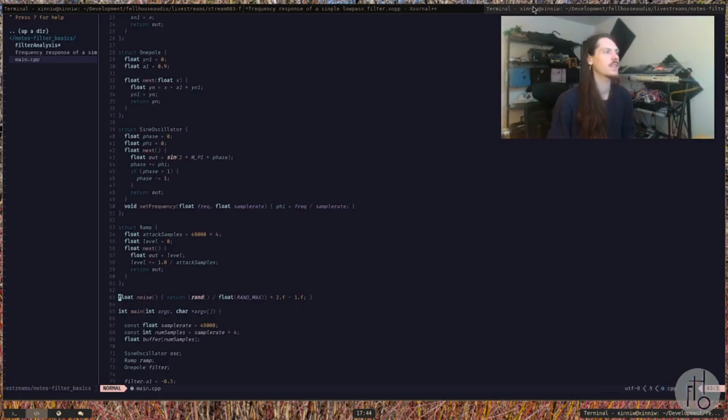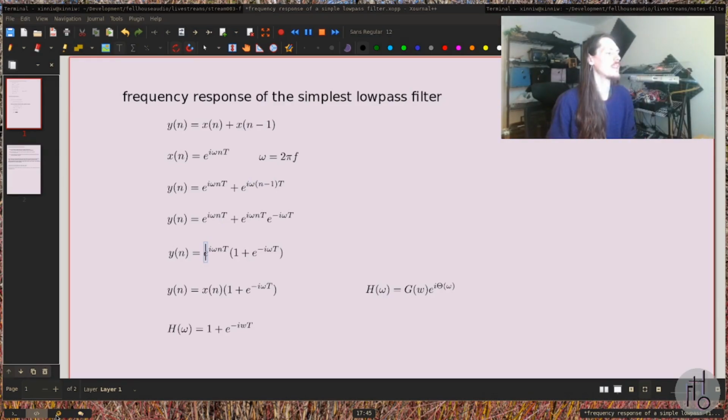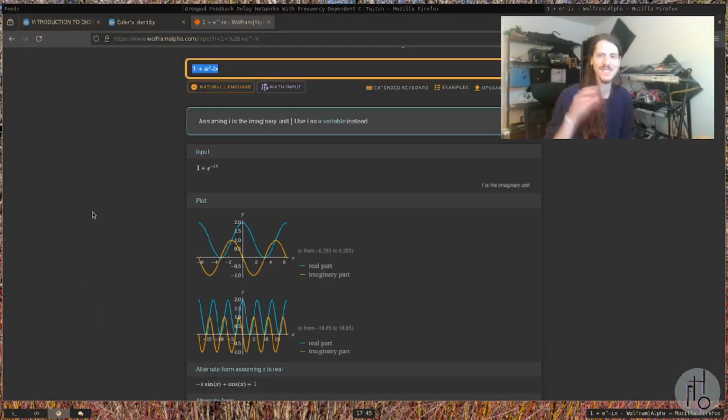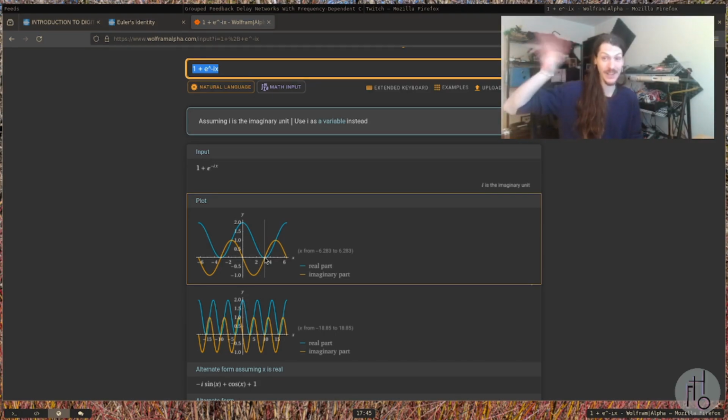And I think looking at the graph, it becomes clear why this is such a crappy filter. We don't really get good gain suppression until we're already outside of the realm of human hearing, right? If this is 48 kilohertz, this half Nyquist point is 24 kilohertz.